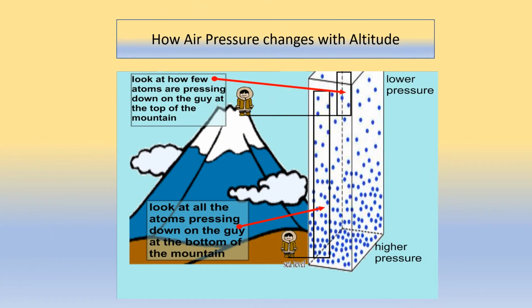which I would like to mention again is how air pressure changes with altitude. See, at a higher altitude there is low pressure. Look at how few atoms are pressing down on the guy on the top of the mountain. Look at the atoms pressing down on the guy at the bottom of the mountain.